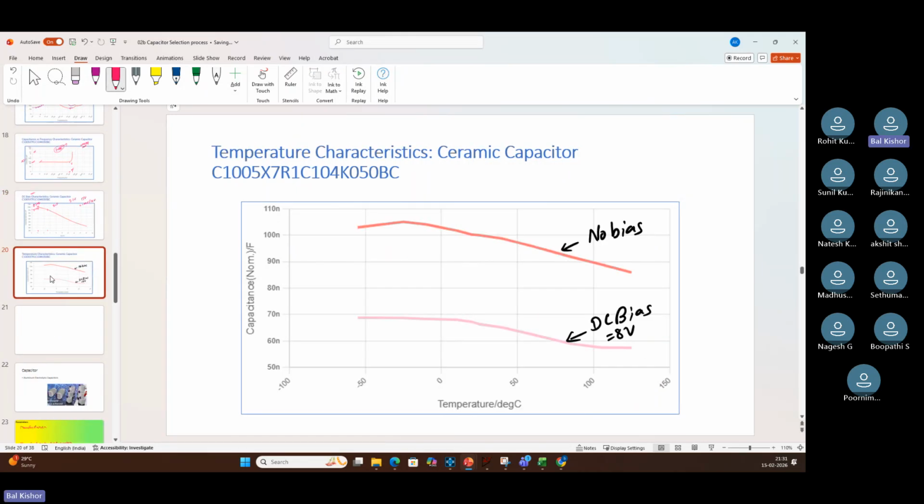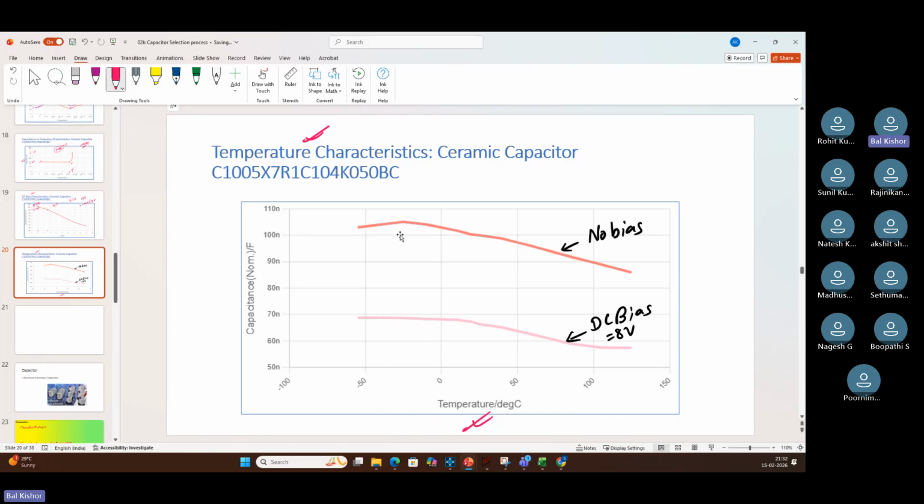One more graph I'll tell you about, for temperature characteristics. Based on the temperature variation, with no bias, which means no voltage applied, 100 nanofarad was almost more than that at minus 50 degrees centigrade.